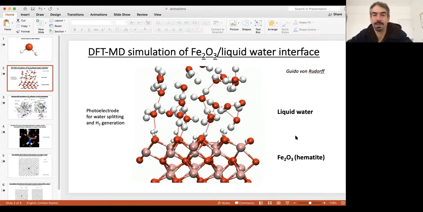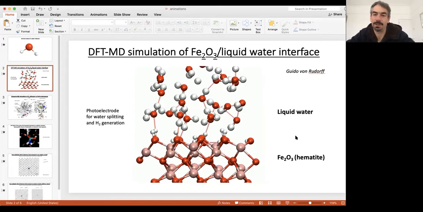The question is, do we understand basic properties of interfaces between oxide materials and liquid water? Why is this of interest? Because we would like to understand what's going on at these interfaces. If you just do experiments, you have a macroscopic observable, but you don't really know where your atoms are, the stoichiometry of your surface, and what's going on in an atomistic picture.